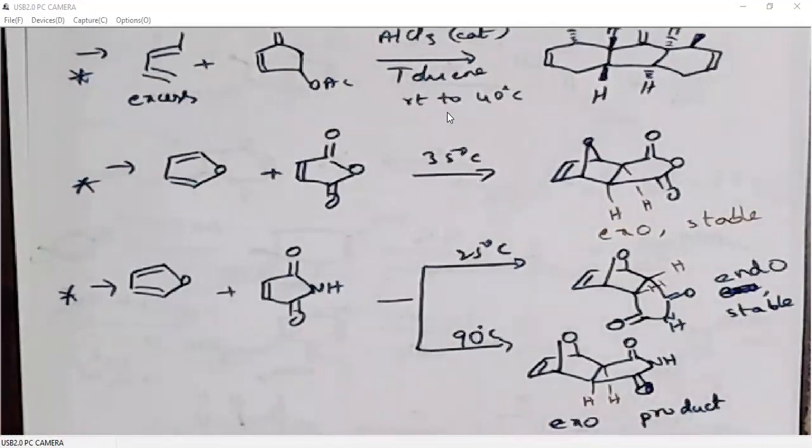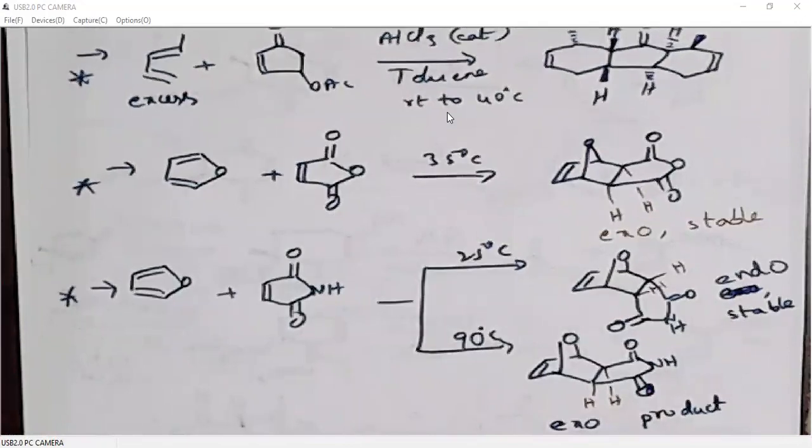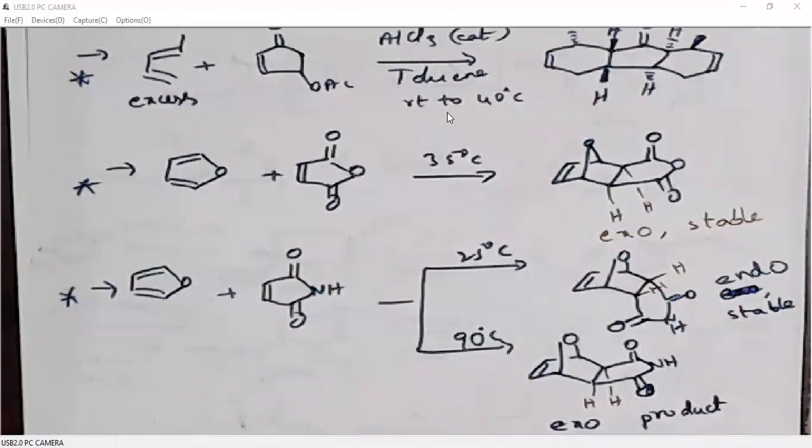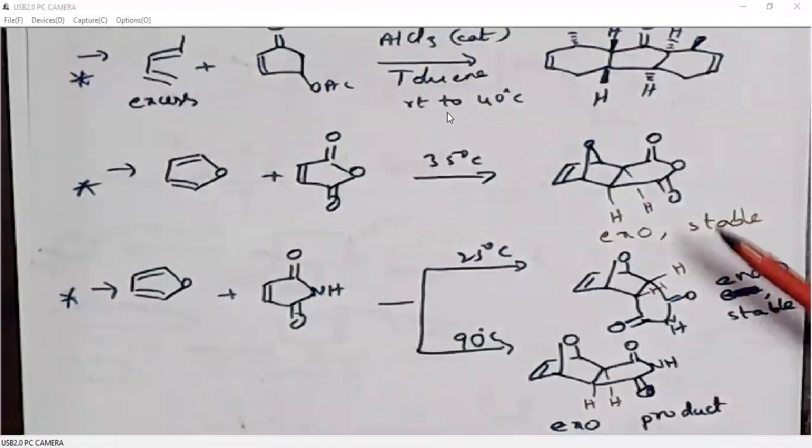Because all those endo products are also stable at room temperature. So because they are stable, it is possible to have endo product. But if they are not stable at room temperature, they can't form, right? Even if they form, they will rearrange to more stable exo product. So that's what happens. We can clearly see the difference here.